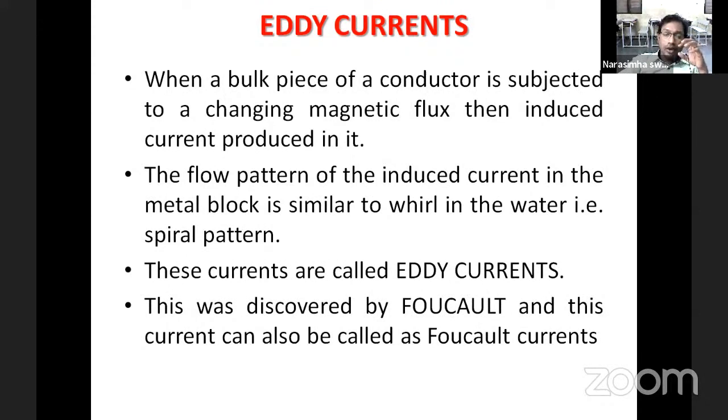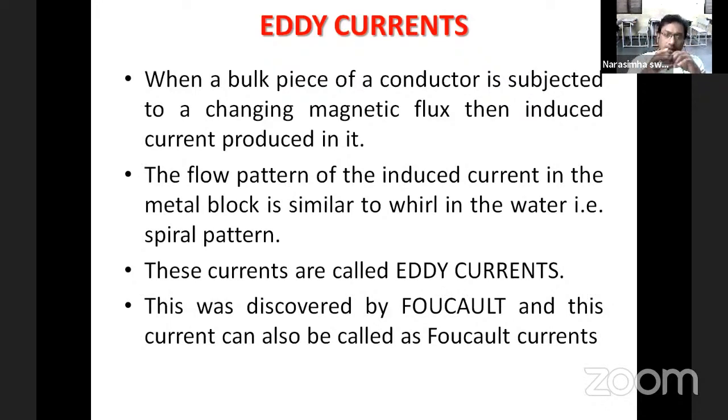We also identified the direction of the magnetic field. If the magnet is moving towards the coil, then the current will be anti-clockwise, and the upper side of the coil will become north polarity. These things we discussed under Faraday's laws and Lenz's law.